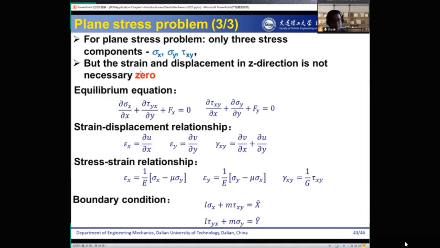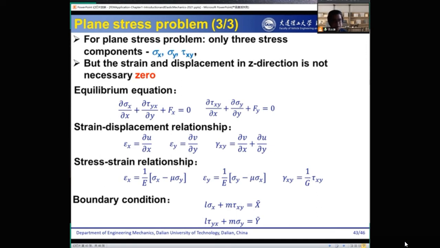If a real engineering problem can be simplified as a plane stress problem, then there are only 3 stress components, and stress and strain in the z direction are not necessarily 0. The stress is 0, but the strain and the displacement are not 0 because there is deformation in the z direction.